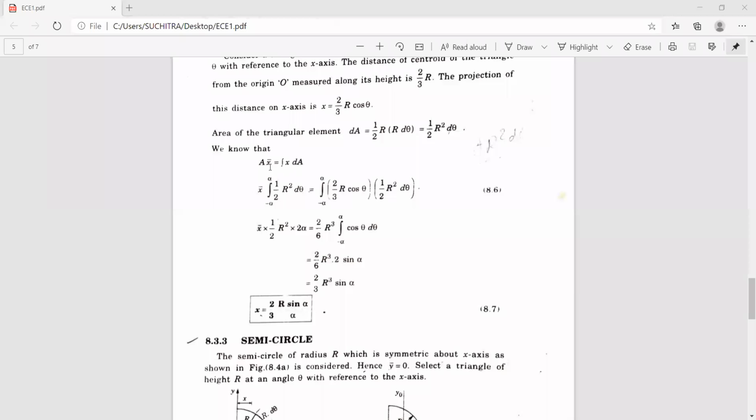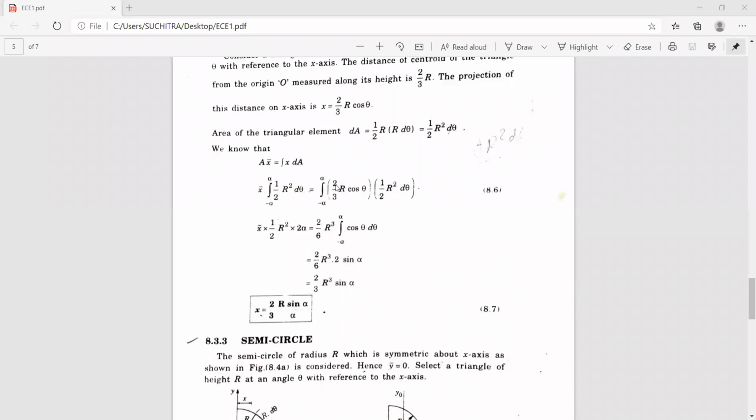That means we have substituted the values of A, x and dA in this equation. Next, we can take r square by 2 outside. Integrating d theta with respect to the limits of integration, it becomes 2 alpha.